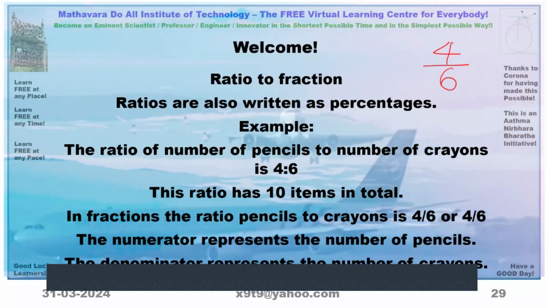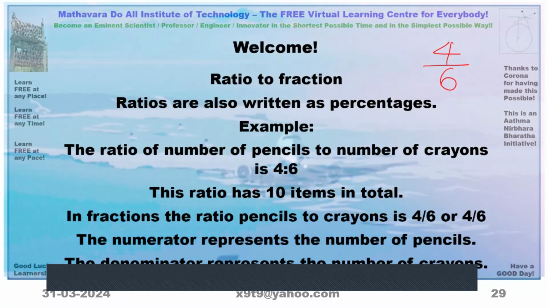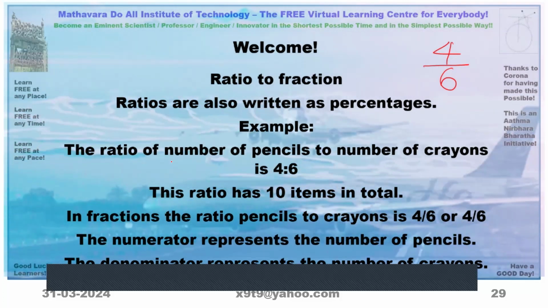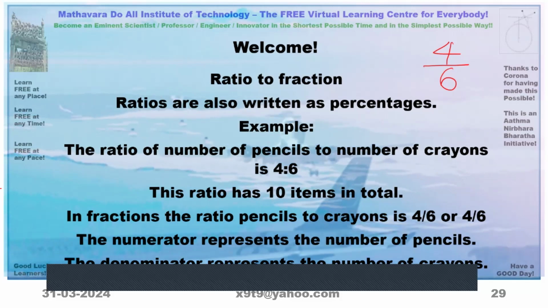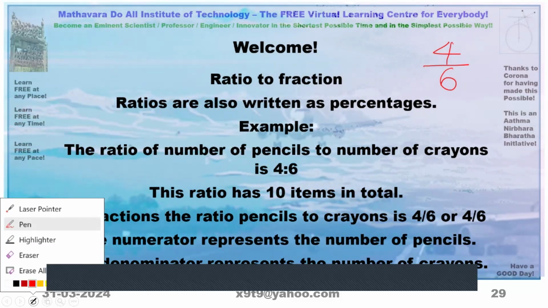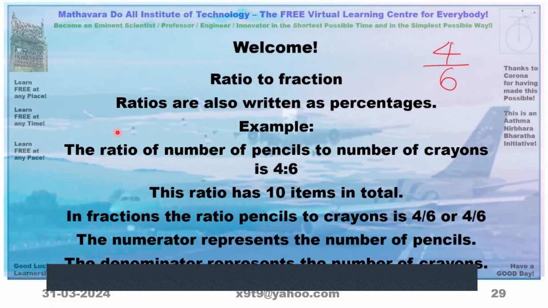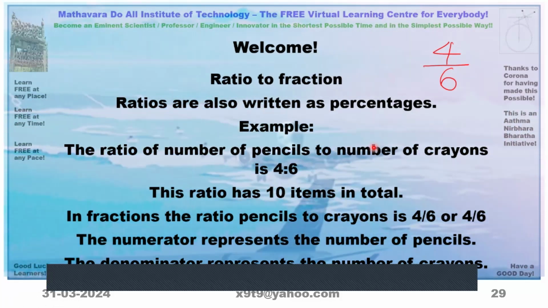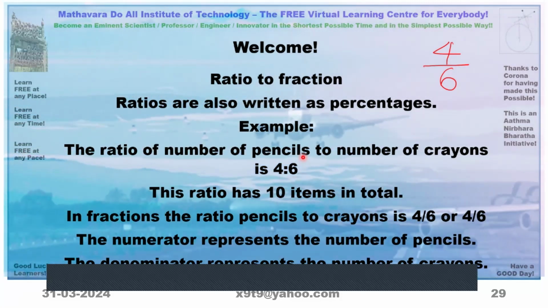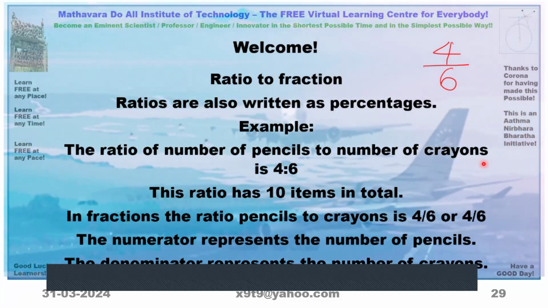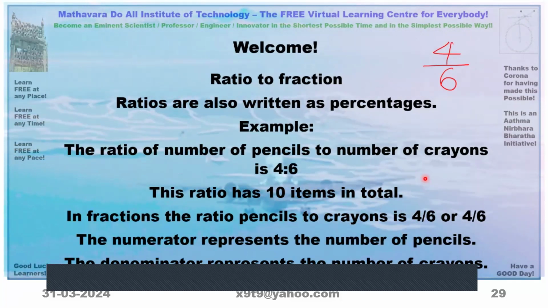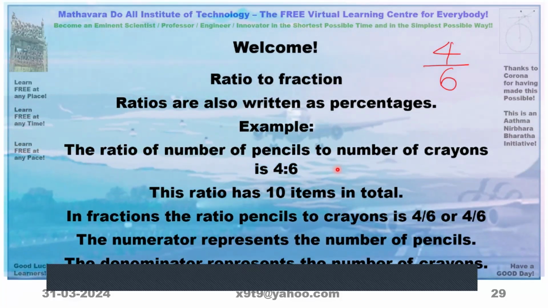That means the numerator is the item that comes first in the list, and the denominator is the next one in the list. It goes in that order. The first item is in the numerator, the second is in the denominator.